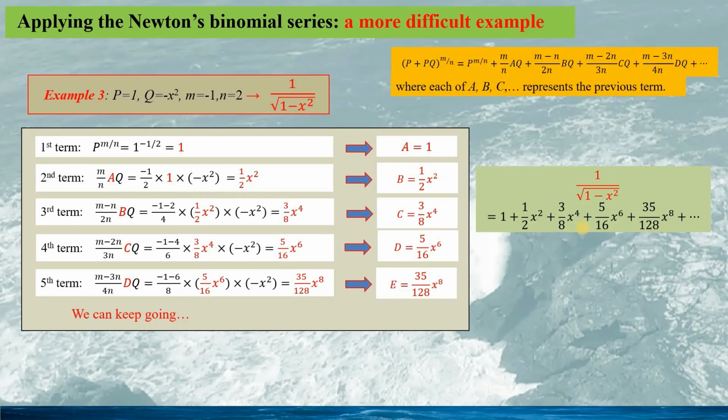So this binomial series is much more complicated than the previous example. And we may ask a question, is this expansion correct? Or how can we prove its correctness?